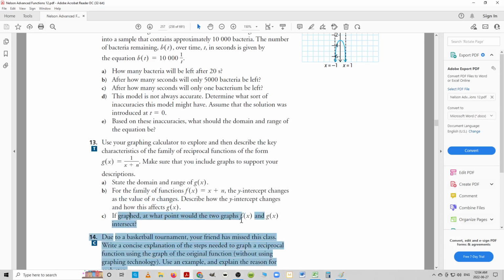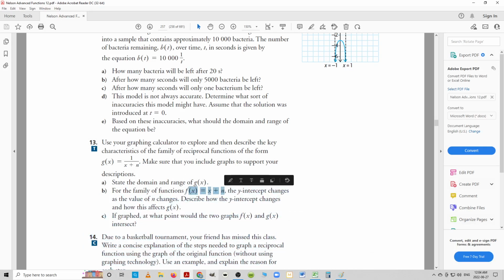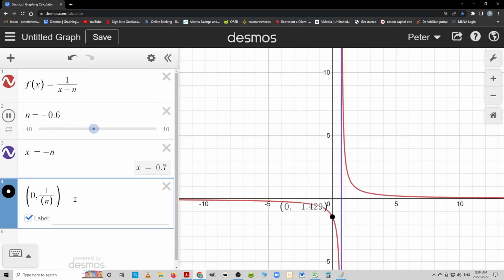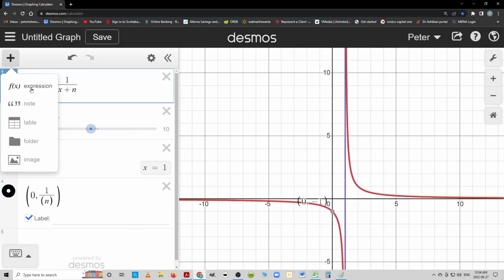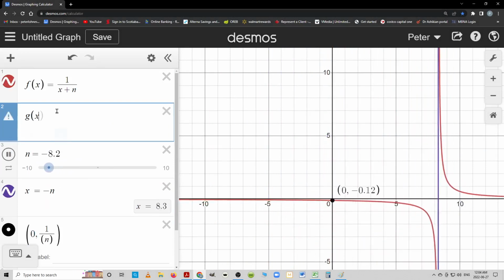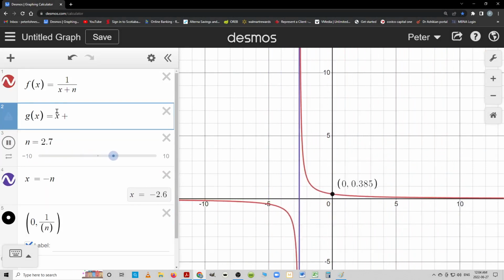If graphed, compare it to the line. That's a good question. So let's do a g of x that is the same as the line.